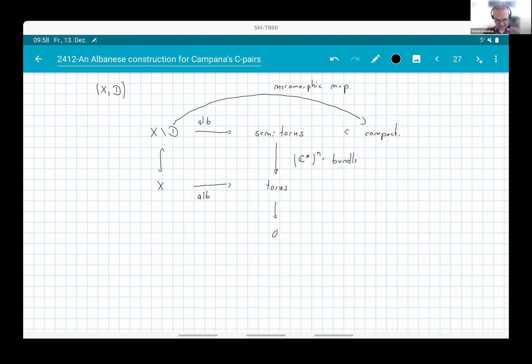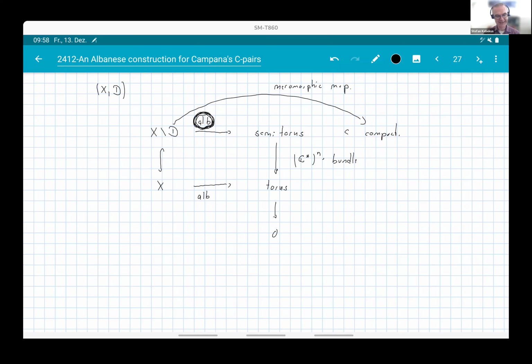So why am I telling you all this? Because the universal property in the analytic setting says that the Albanese map here is the universal morphism into a semi-torus.